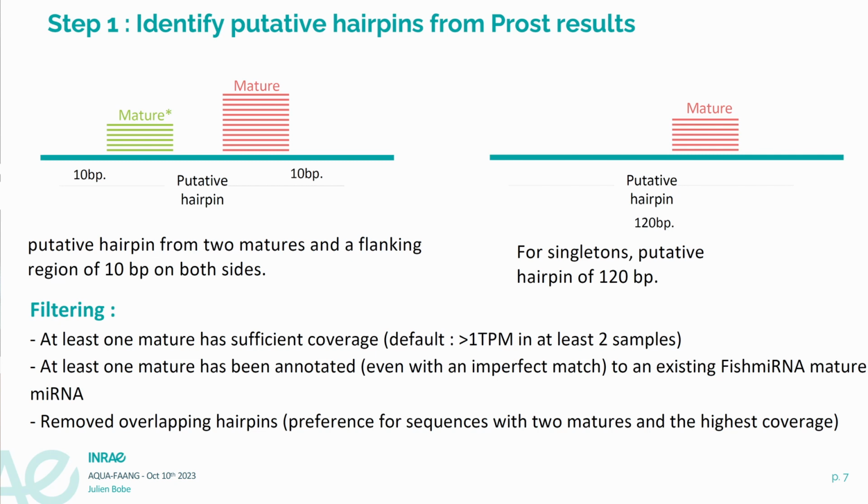Then we do some filtering: at least one mature with sufficient coverage, and at least one mature that has been annotated before, even if it's an imperfect match. And we remove overlapping hairpins, with a preference for sequences that have two matures, of course, and the highest coverage.